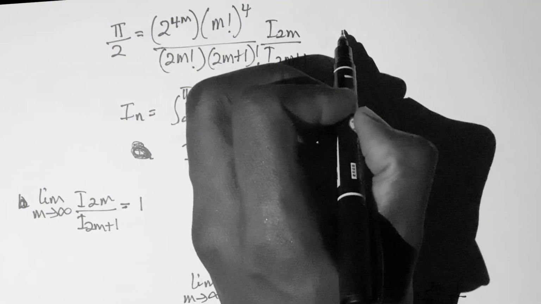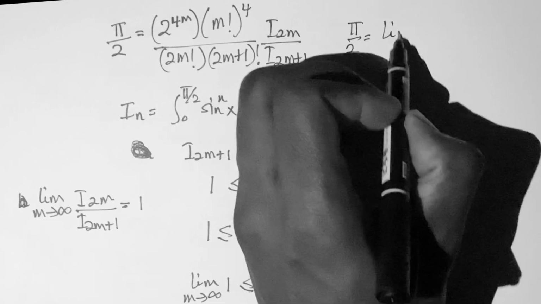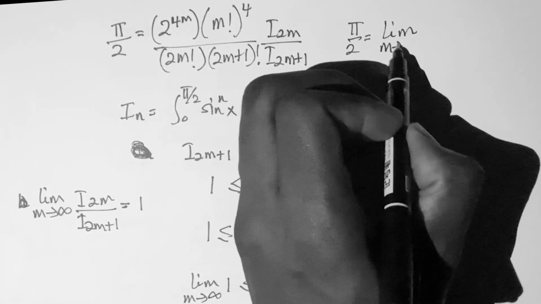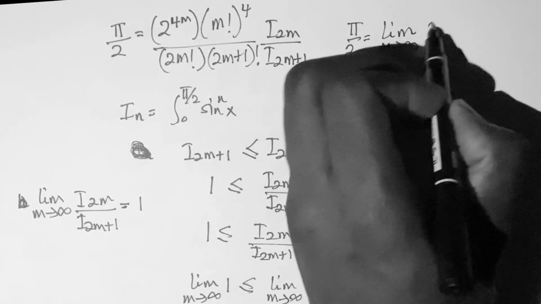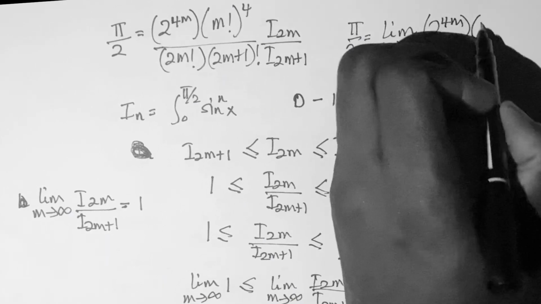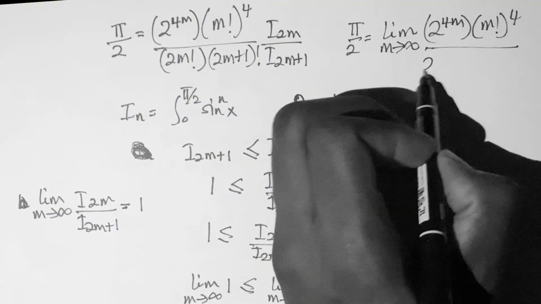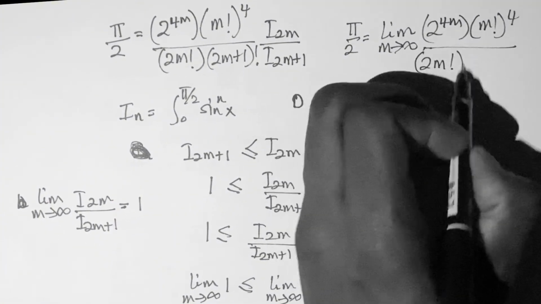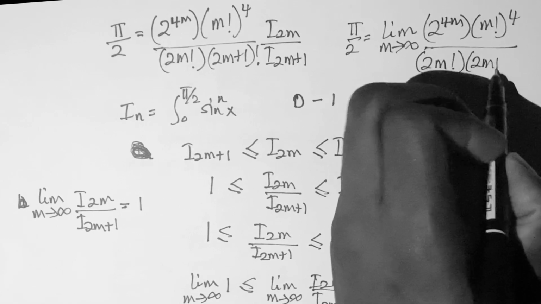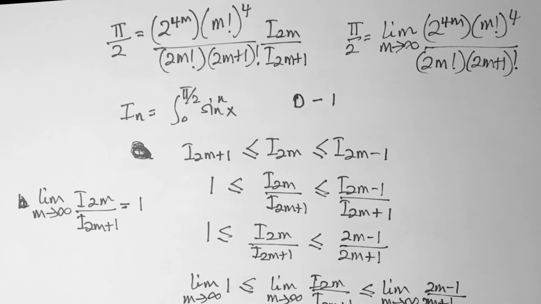So it means that pi over 2 is equal to limit as m approaches infinity of 2 exponent 4m times m factorial all exponent 4 divided by 2m factorial times 2m plus 1 factorial. So this is the Wallis expansion for pi.